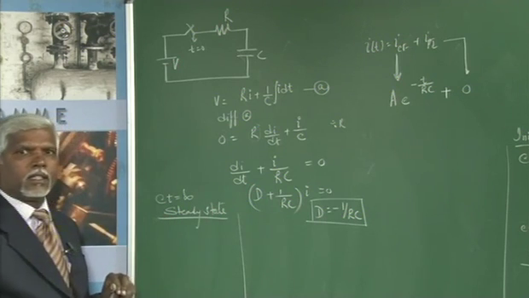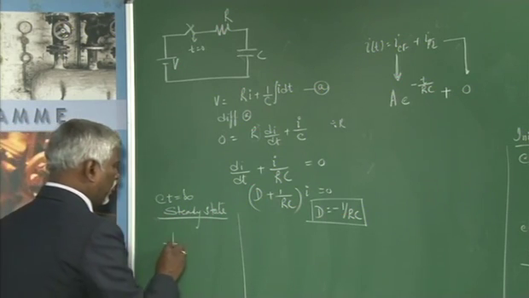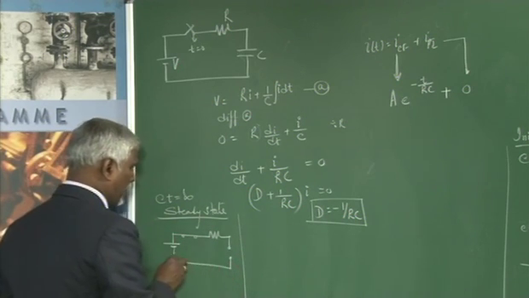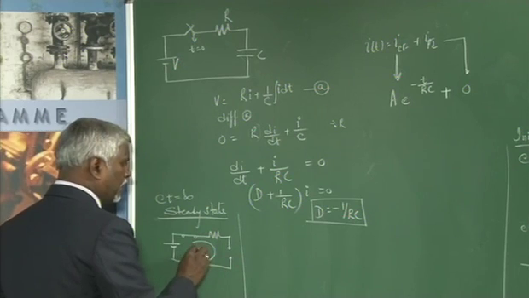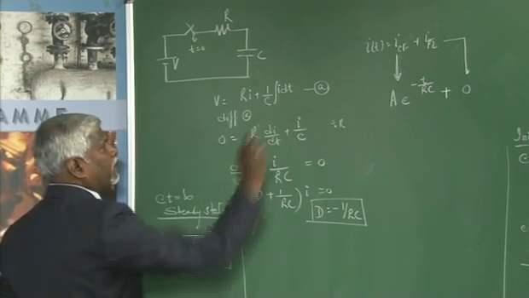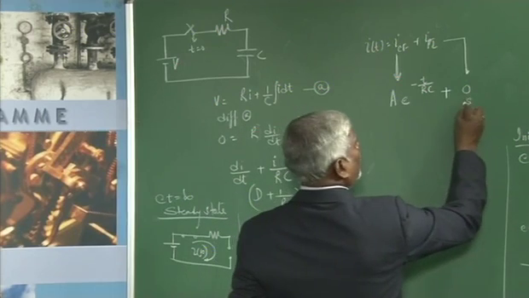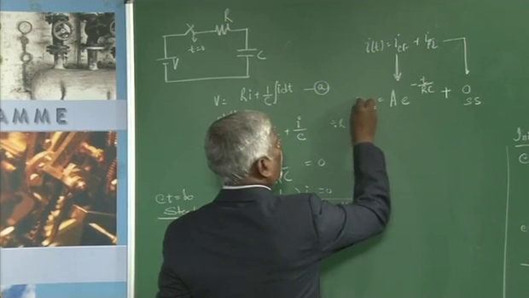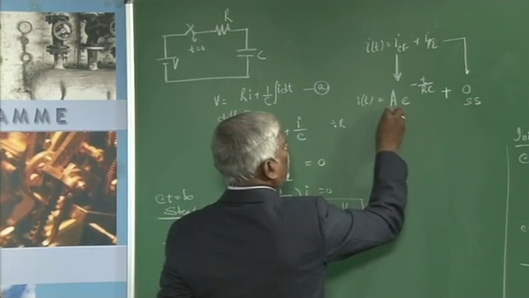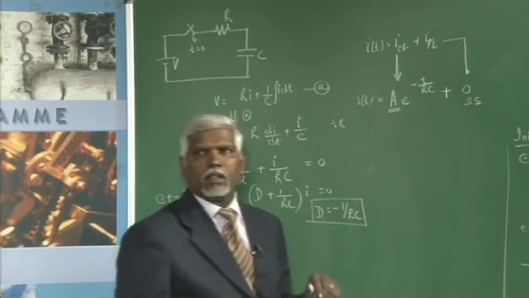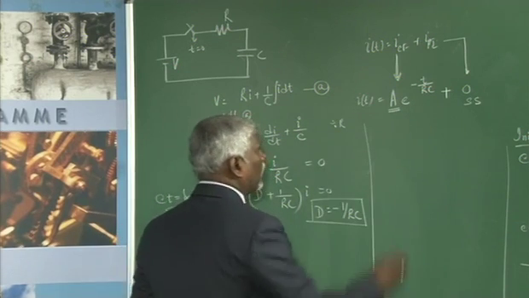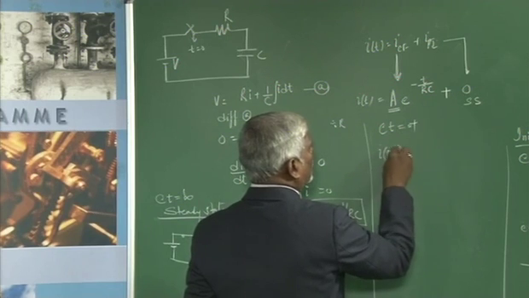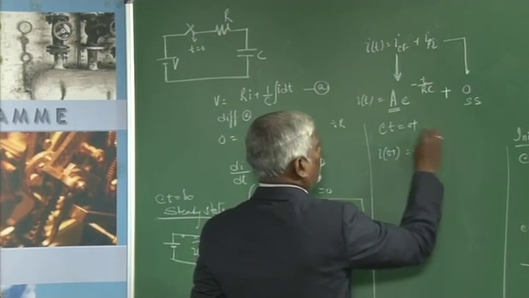After the switching, the switch is closed, R behaves as R, and the capacitor acts as open. So, the current in the circuit at infinity will be 0. This is your steady state current, this part is your I_P. So, this is the expression for I of t. How do I evaluate A? Substitute t equal to 0 plus: I at 0 plus is A e to the power of 0.